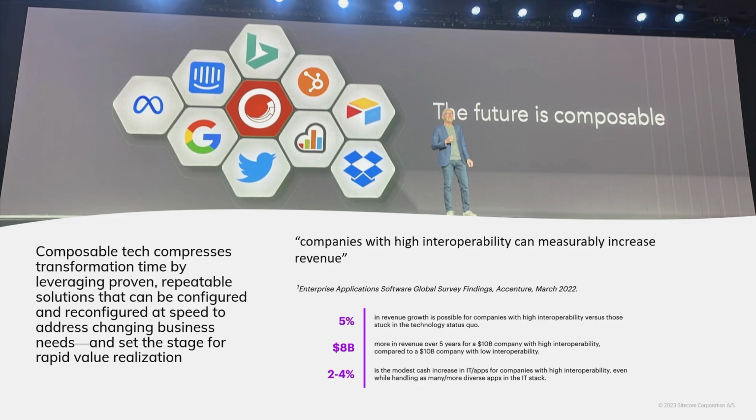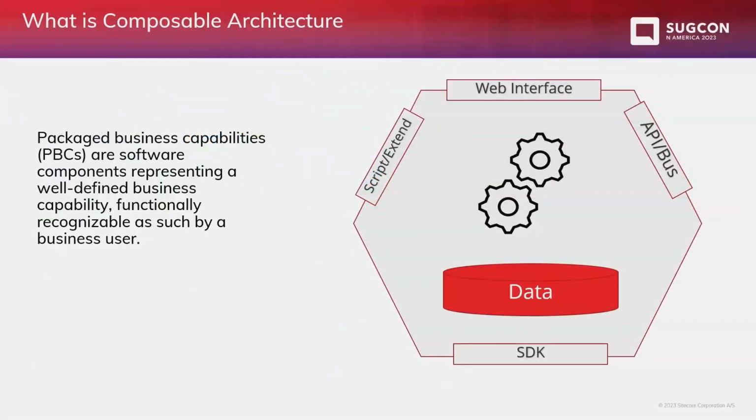And if we look at what composable architecture really is, I've always been puzzled by what the true definition of composable architecture is. To understand it, we need to see what the building block of composable architecture is. In my opinion, it's the packaged business capability. That's kind of like a Lego from which we build our applications.